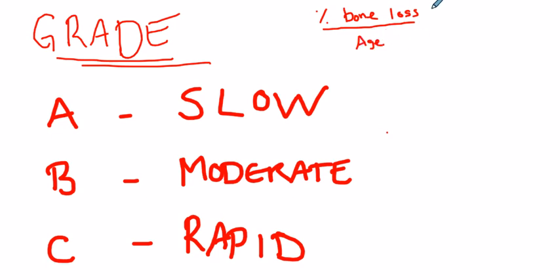Okay. So for example, if we had 30% bone loss in a 60-year-old, that would give us the answer of 0.5.